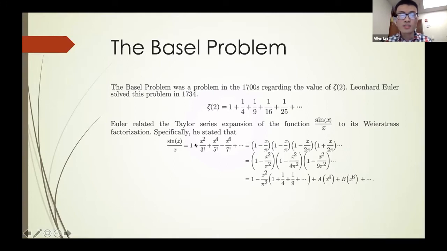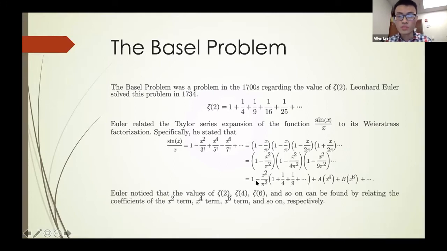Now he said that since they must be equal, which is often very useful, the coefficient of the x squared term here must equal the coefficient of the x squared term here. Likewise, the coefficient of the x to the 4th term here must be equal to the coefficient of the x to the 4th term here. And same thing for the x to the 6th. In that way, he found the values of zeta of 2, zeta of 4, zeta of 6, and so on and so on.